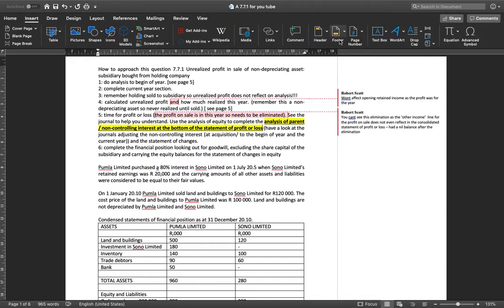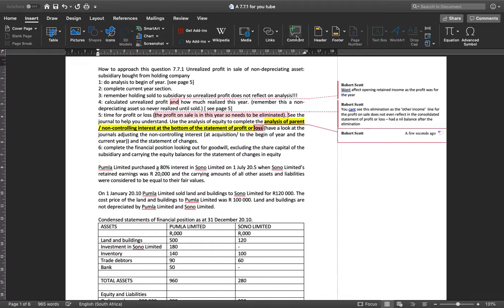That analysis at the bottom of the statement of profit or loss is very important. There's marks there. And just make sure that you know how to use the analysis of Sono's equity to finish off the consolidated financial statements.